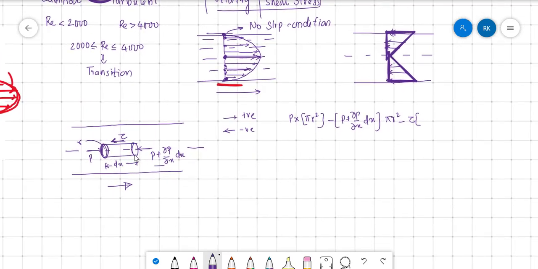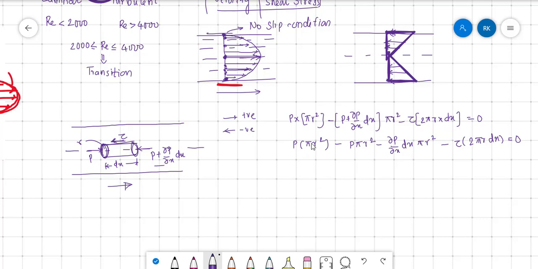The surface area is 2 pi r into dx, where 2 pi r is the perimeter, and this equals 0. So P into pi r square minus P into pi r square minus dou P by dou X dx into pi r square minus tau into 2 pi r dx is equal to 0.